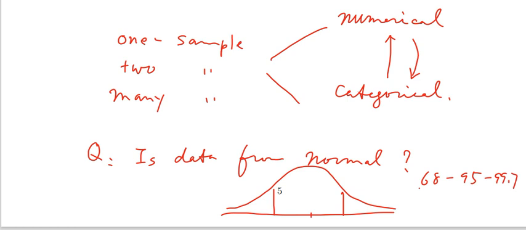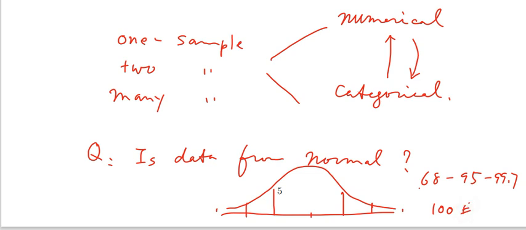This means about 68% of people fall in the middle interval, then 95, and then 99.7. Now suppose we have 100 numbers.